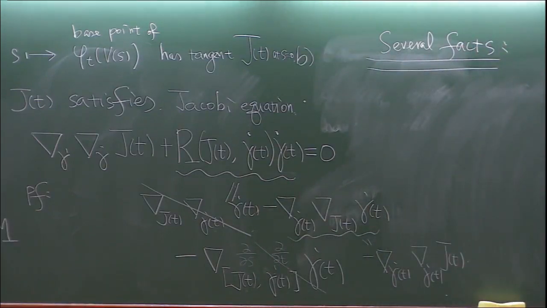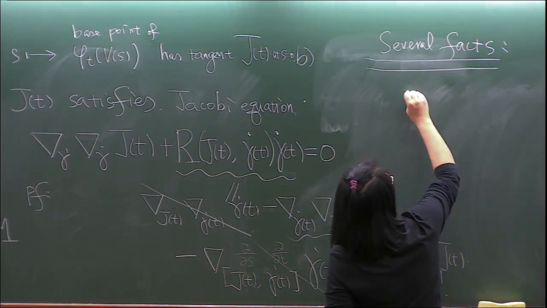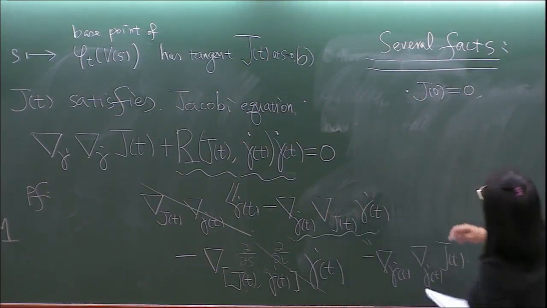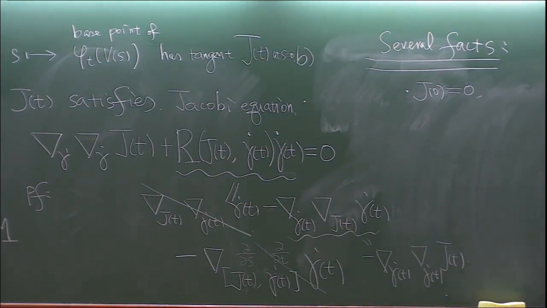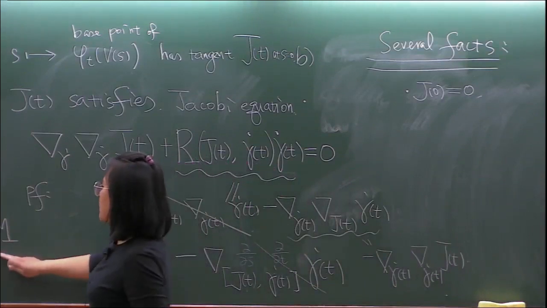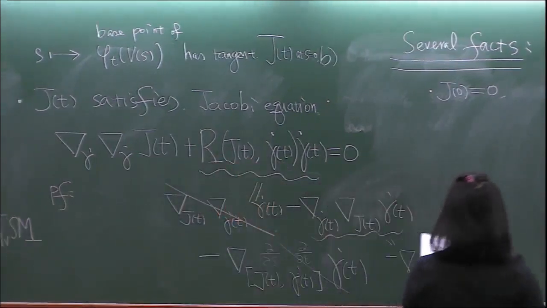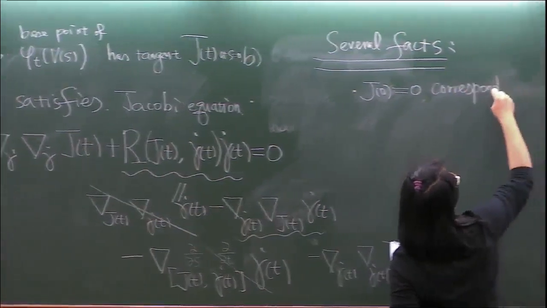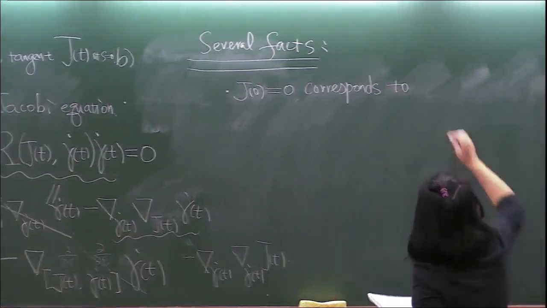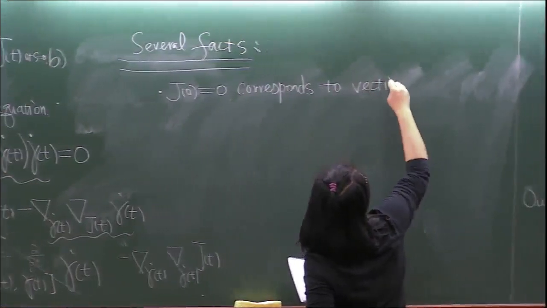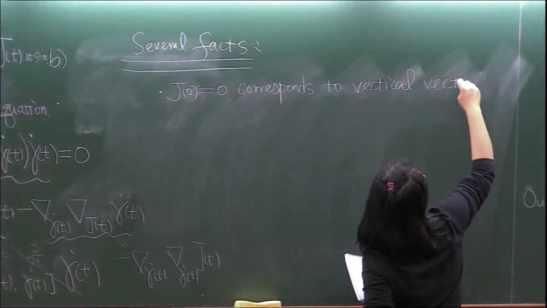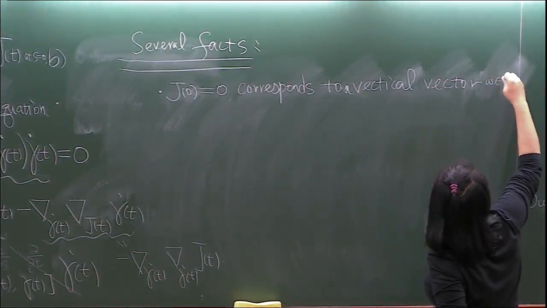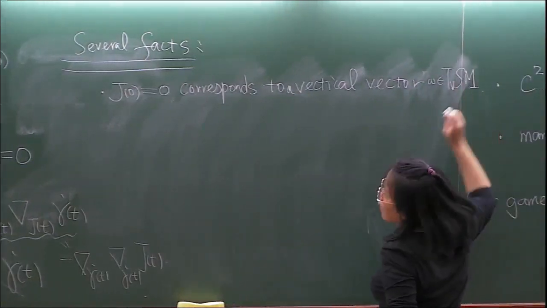The first one is about this: if you have J_0 equals 0, actually this will correspond to a vertical vector omega in T_V(SM), right?